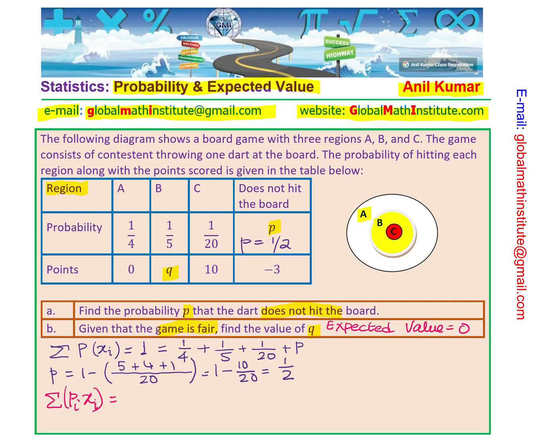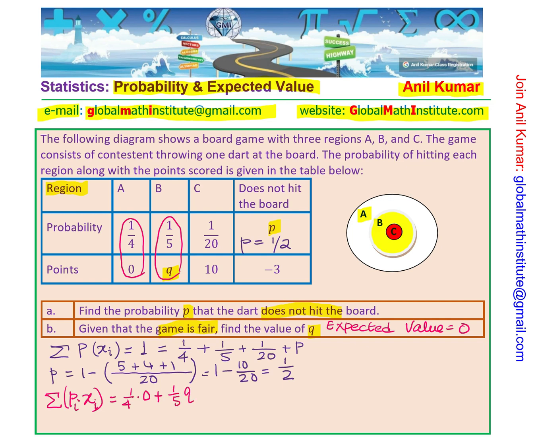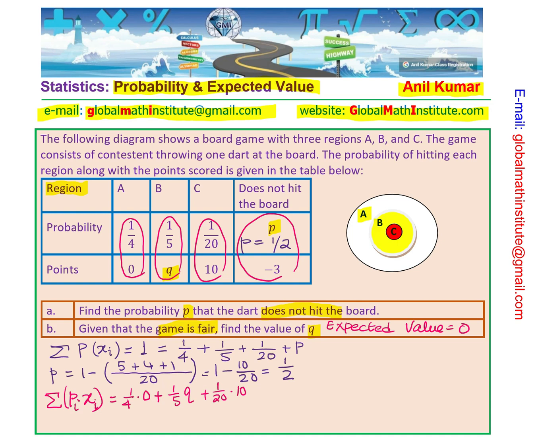So we'll do multiplication of this, which is 1 by 4 times 0 plus this one, which is 1 by 5 times q, plus this one, which is 1 by 20 times 10, and this one, which is half times minus 3, and that should be equal to 0. You get the whole idea. From here, the only unknown is q, and therefore you can find the value of q.